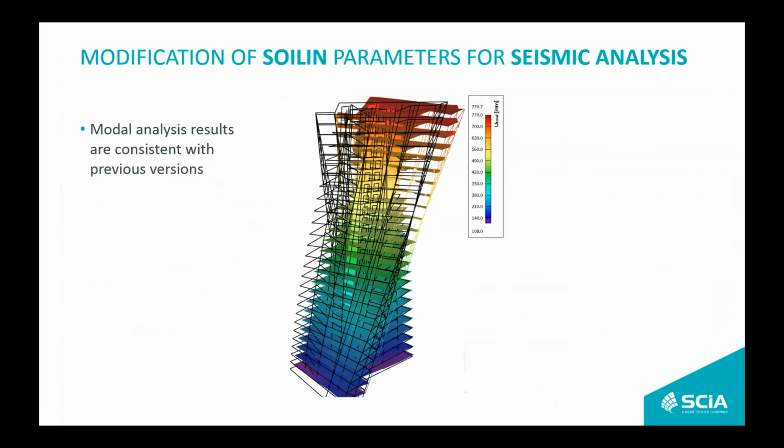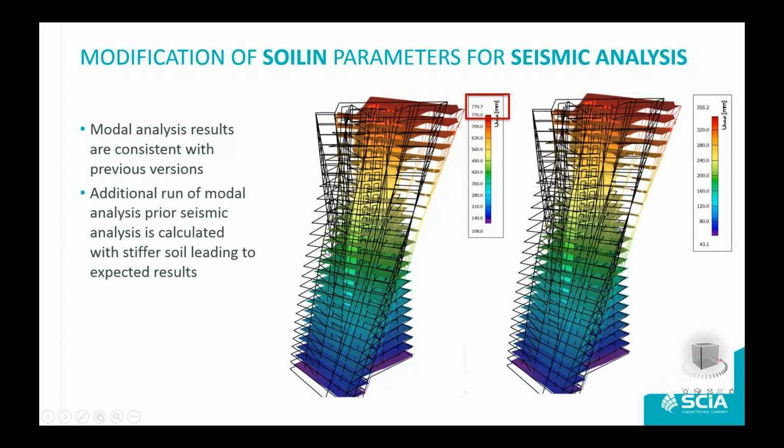Here I have a building, and when the soil had the basic stiffness, it had big deformations, but when the soil was provided with greater stiffness, to comply with the analysis of the higher frequencies, the soil behaves stiffer and the deflections are smaller accordingly.